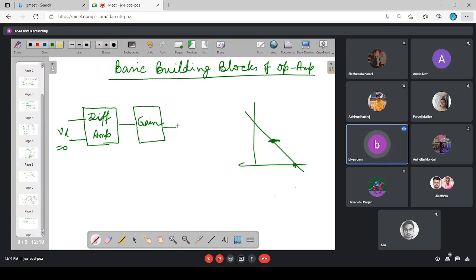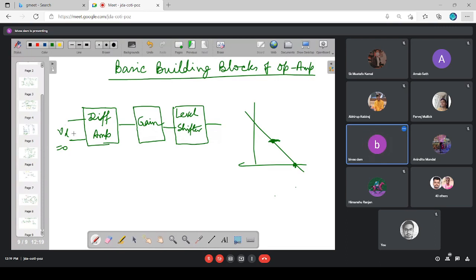Okay, but what is your requirement? You need 0. The output should be 0. So for that, what it requires is one level shifter. I require one level shifter stage. What is the function of this? It tries to ensure 0 output when the input difference voltage is 0.